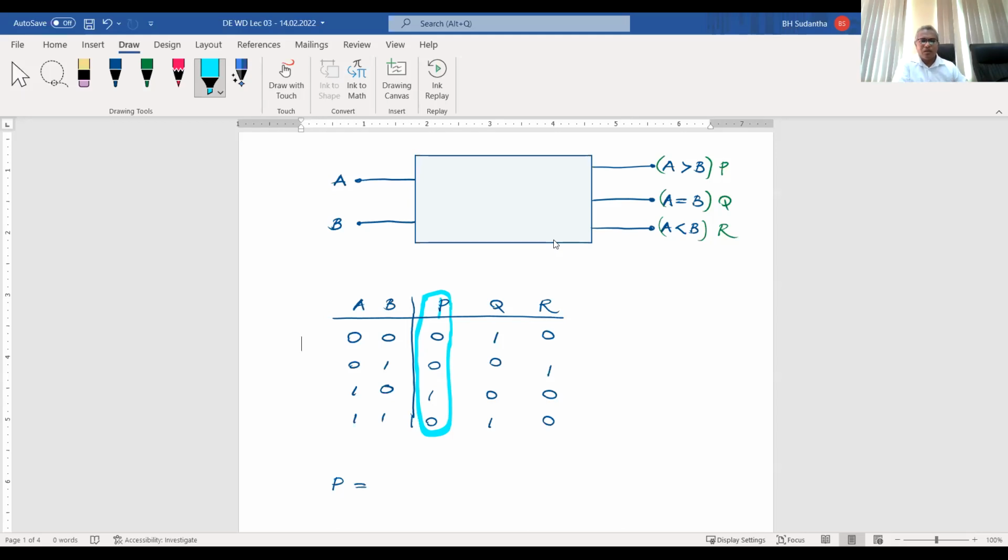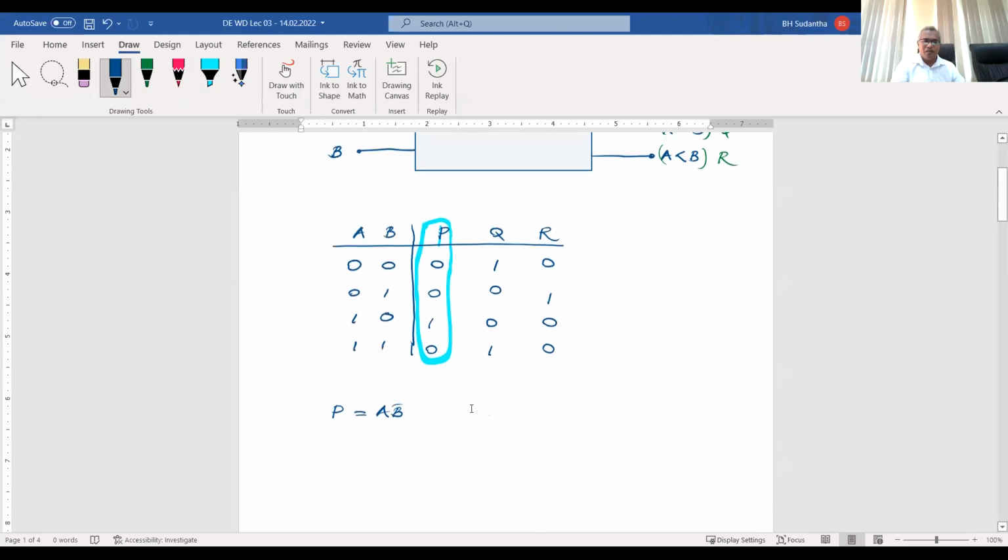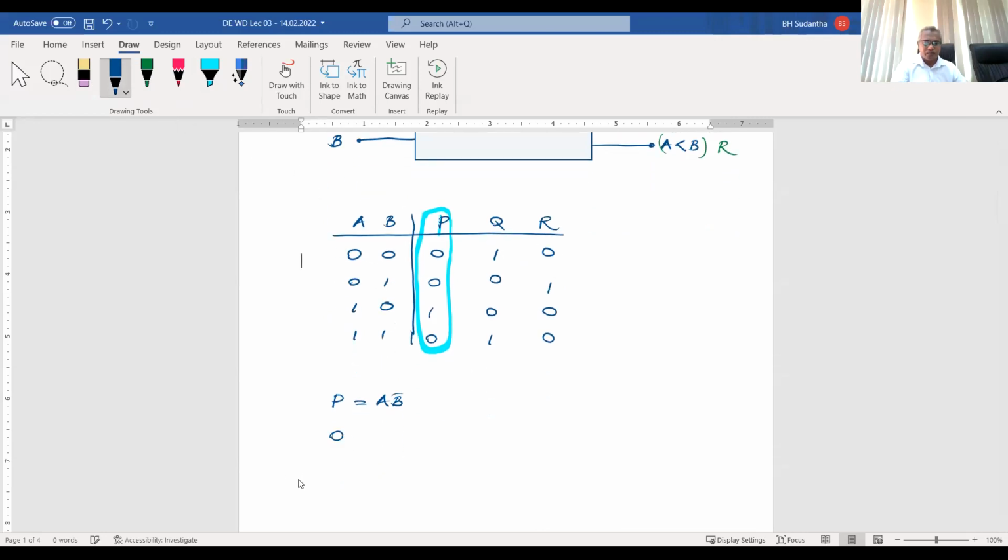Then shall we write the output equations? To write P, we have only a single term: A B bar. Then Q, we have 2 terms.